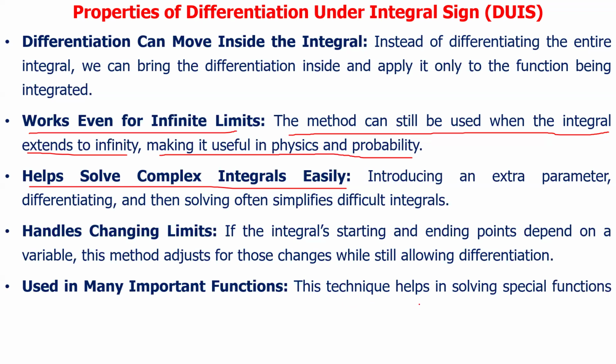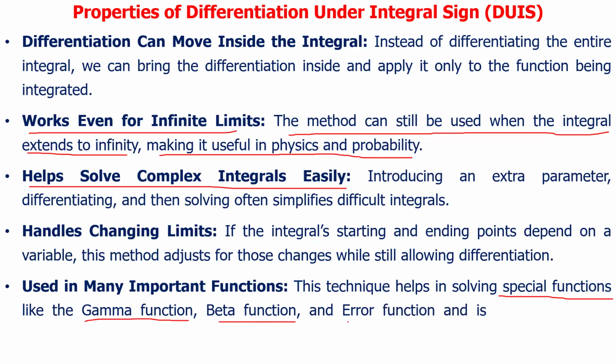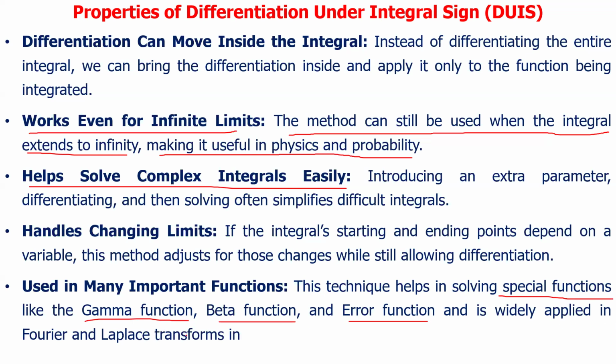These techniques help in solving special functions like the gamma function, beta function, and error function, and are widely applied in Fourier and Laplace transforms in engineering and science. So these are some very basic and very important properties of differentiation under integral sign.